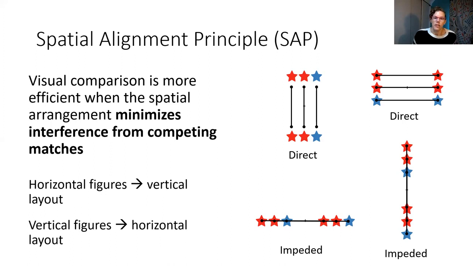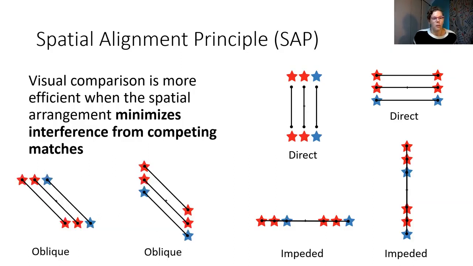And I do want to point out that this is not really a categorical distinction, it's really a continuum. So this is the worst case scenario and best case scenario for these figures. But if you put these figures on a diagonal, an oblique arrangement, then you can see that these correspondence lines get just a little bit more confusable.